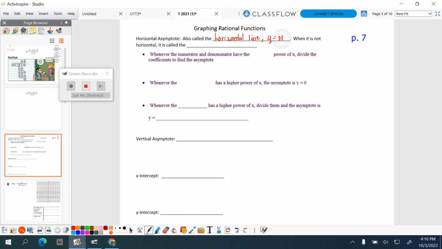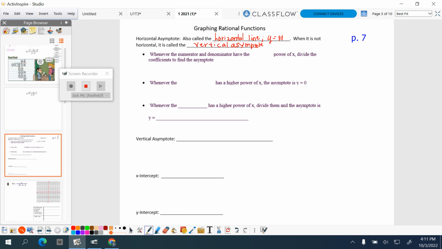When it is not horizontal, it's called the vertical asymptote. We have some other asymptotes, but these are the major asymptotes that we cover when we're analyzing rational functions.